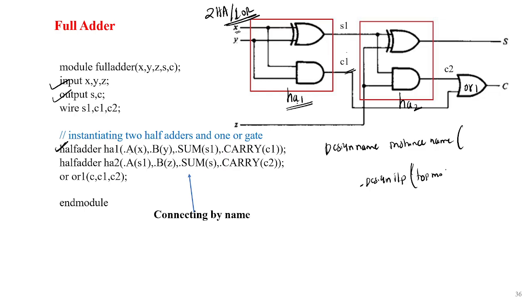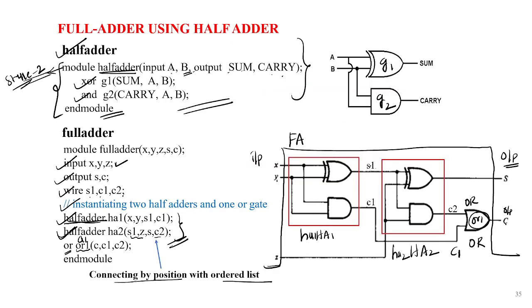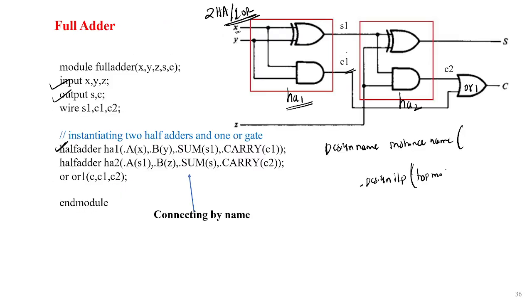Similarly half adder 2 is there, half adder HA2 dot A is my design input, and what is the input for this half adder, S1, that will come in the bracket. Comma dot b is my design input and what input you are getting, Z, for this half adder.